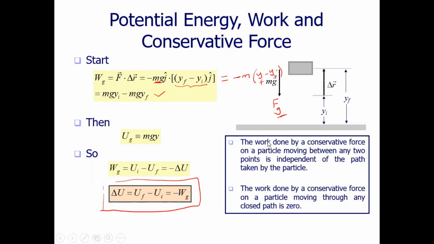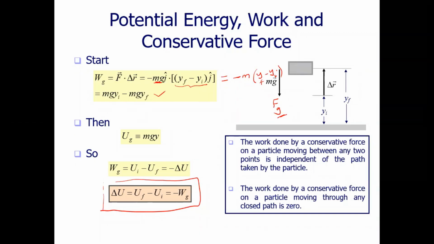So just to remind ourselves also of some other points, the work done by a conservative force on a particle moving between any 2 points is independent of the path taken by the particle. So actually, by definition, a conservative force is a force where the work that is done by that particular force is independent of the path taken.